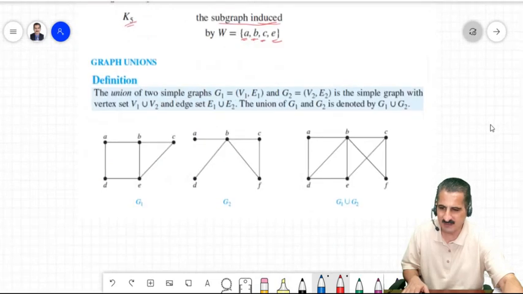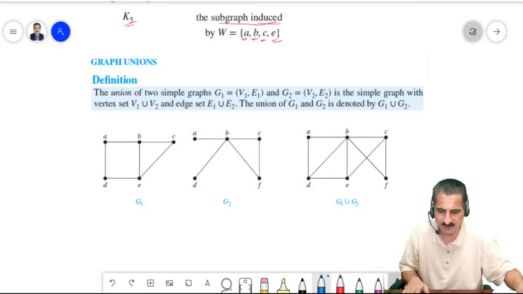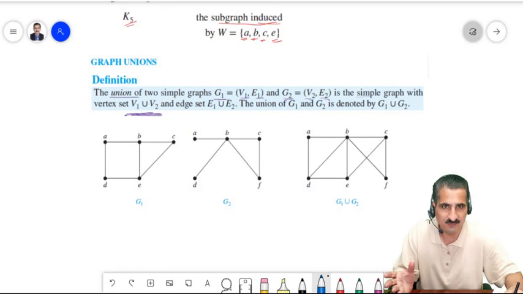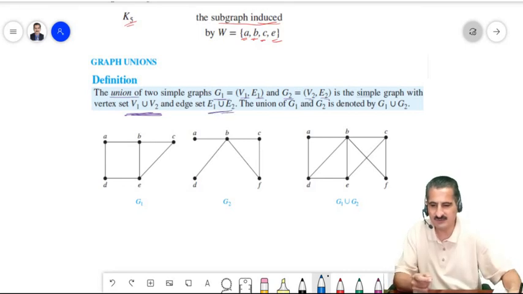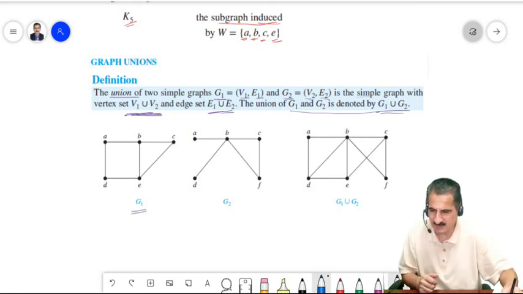Good. And at the end of today's lecture is the graph union. If we have a graph G1 with vertices V1 and edges E1, and a graph G2 with vertices V2 and edges E2, their union is a simple graph whose vertices are the union of the vertices and whose edges are the union of the edges. This is G1 union G2. Like this is G1 here and this is G2 here, so we will take the union. What is missing here? E is not here, so we will take it.